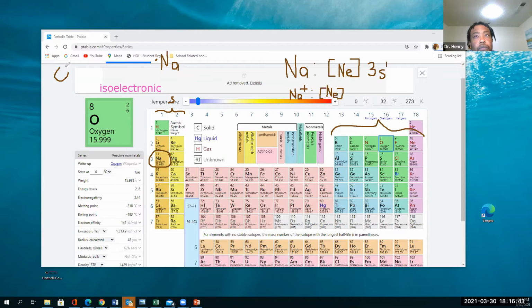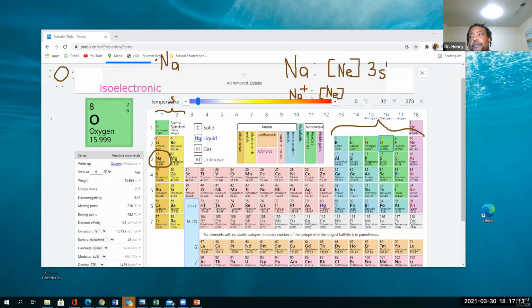If I was talking about oxygen, how many valence electrons does oxygen have? Six: 1, 2, 3, 4, 5, 6. So we would make it have six dots. For oxygen to be like neon, how many more electrons will it need?